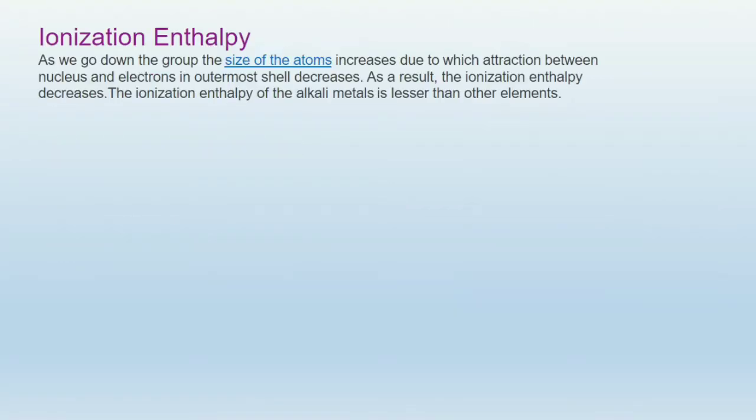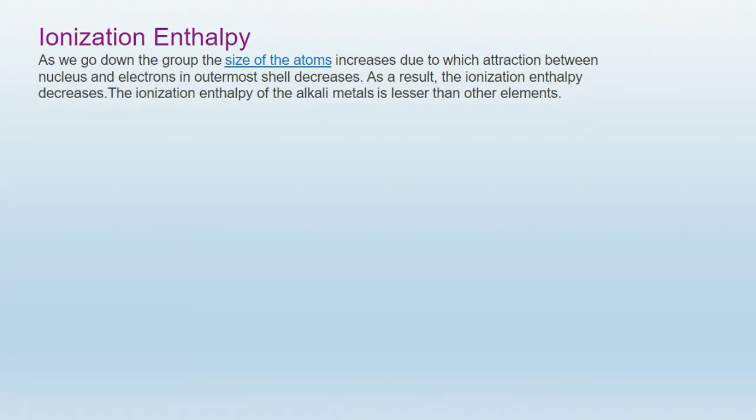Now the ionization enthalpy. As we go down the group, the size of the atom increases, due to which the attraction between the nucleus and electrons in the outermost shell decreases. As a result, the ionization enthalpy of the alkali metal is lesser than the other elements.